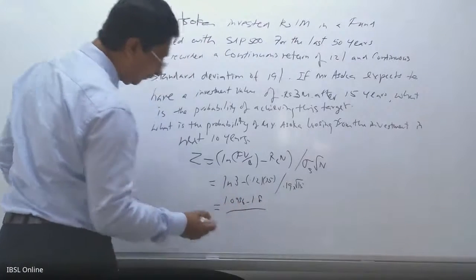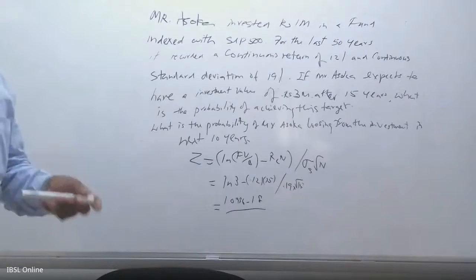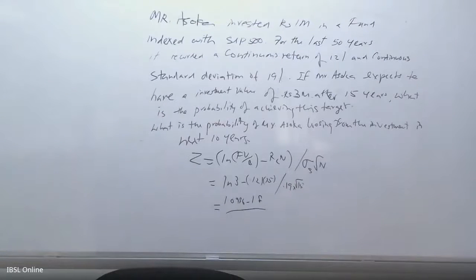Divided by square root of 15 into 0.19. That is 0.7359.